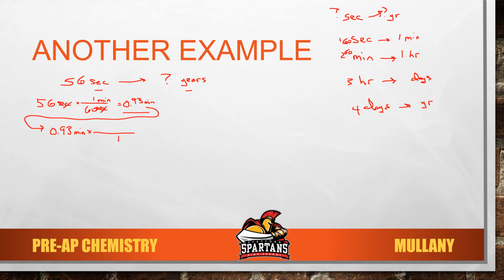Minutes goes on the bottom, hour goes on top, 60, good. Now, minutes is canceled, so we're going to do 0.93 times 1 divided by 60. I kept the 0.9333333 on my calculator, so I didn't have to type that in. My answer is 0.015. We'll call it 0.016.